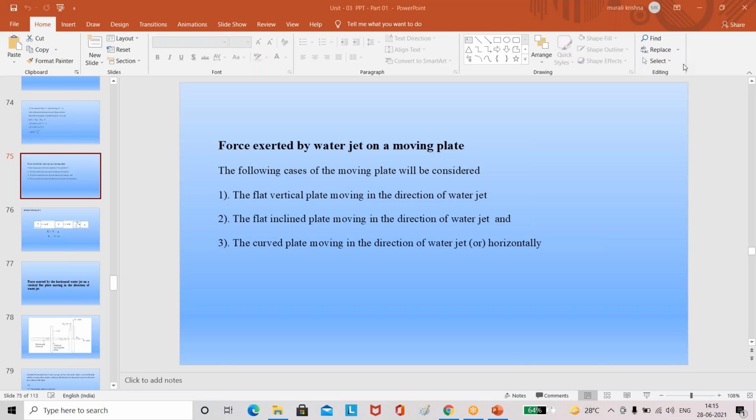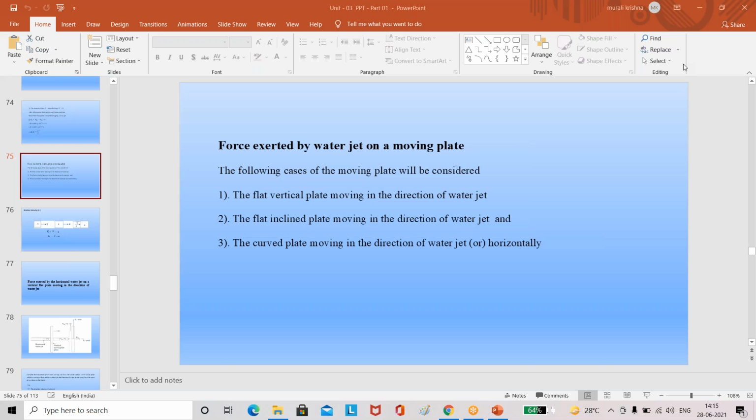In this, we consider the plate is also in moving condition. So here, the water jet is in moving condition. The plate is also in moving condition. In that moving condition, what is the equation for the force exerted by the water jet on the moving plate?